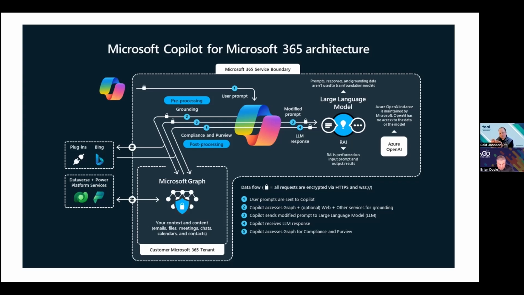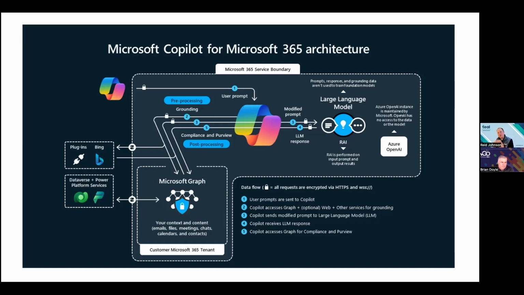It's going to take that modified prompt and push it over to the large language model in Azure. The large language model is going to process it and provide a response. That response is going to come back through Copilot to the graph again, where there's additional grounding that's going to take place, and there's going to be a validation that the information returned is only data that I, as the requester, am supposed to be able to access.